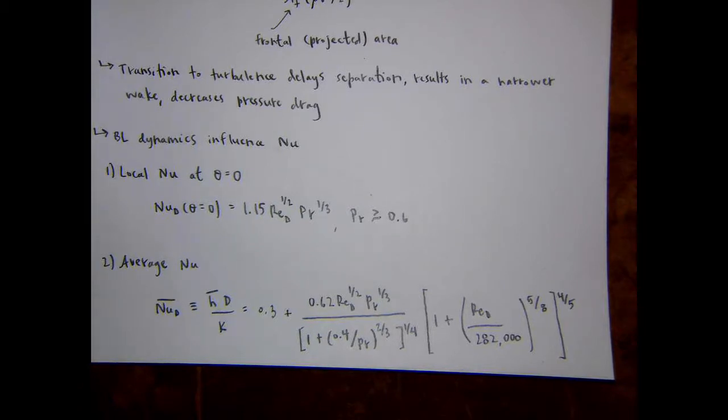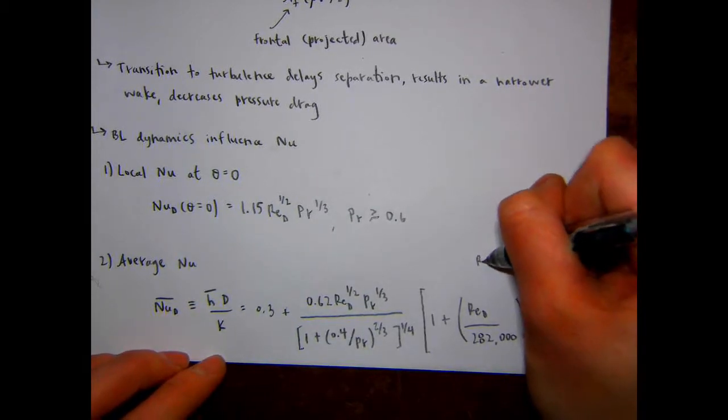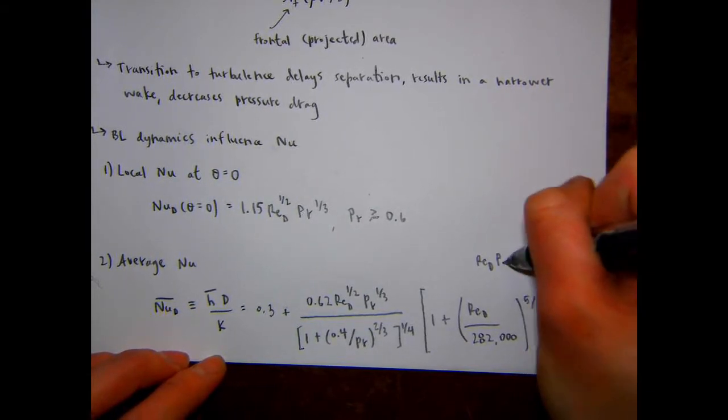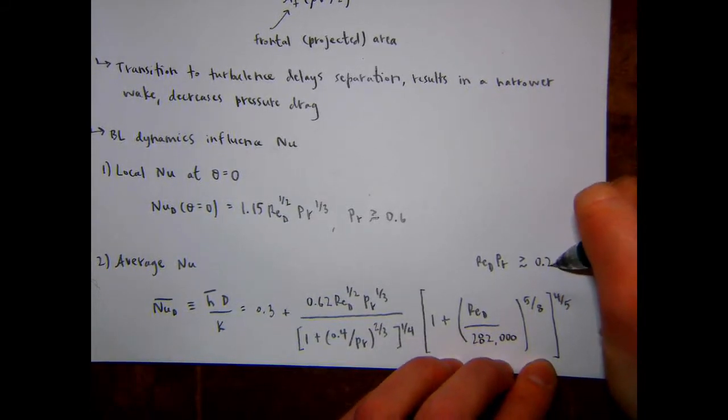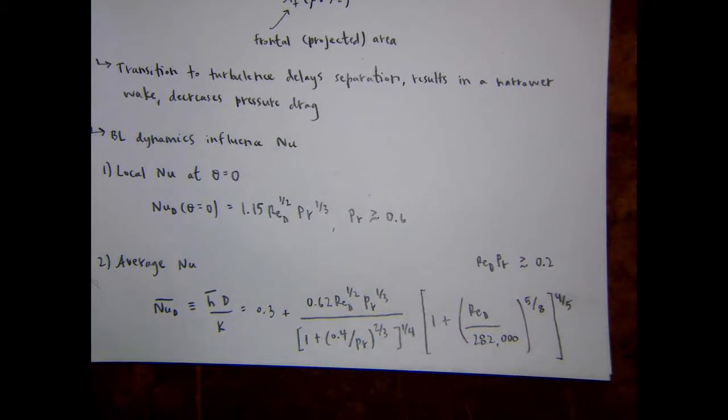And I didn't give myself much room, but this one is applicable for values of the Reynolds number times Prandtl number greater than approximately 0.2.